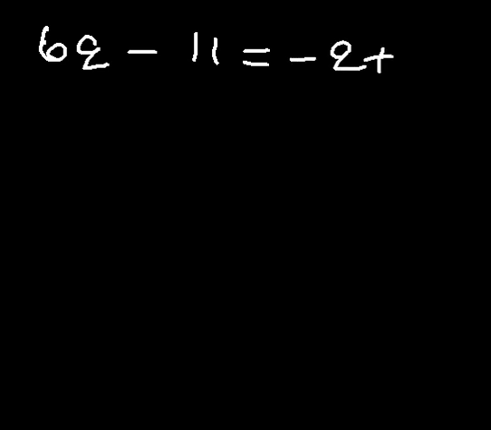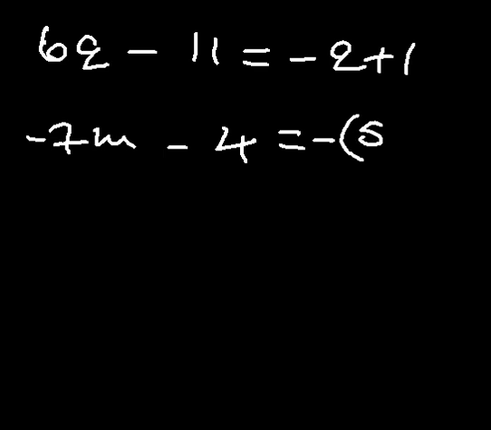And also try the following. Let's say we have 6q minus 11 is equal to negative q plus 1. Let's say we have 17m minus 4 is equal to negative 5m plus 1.